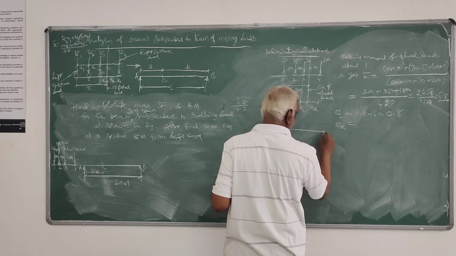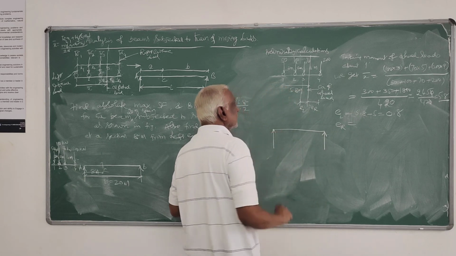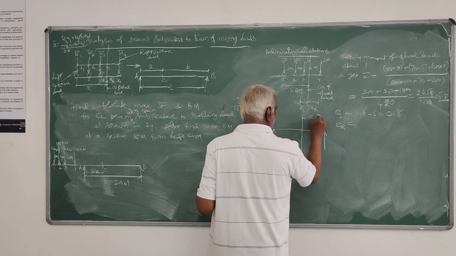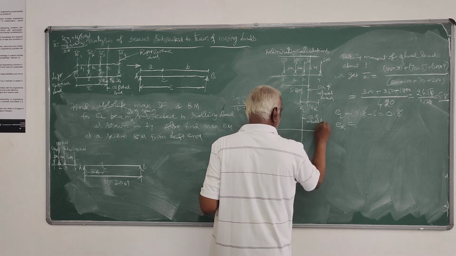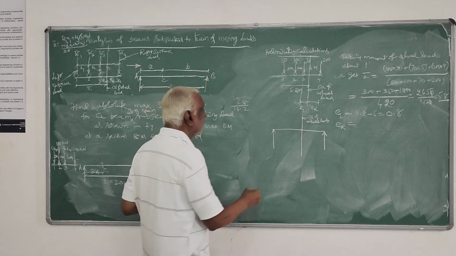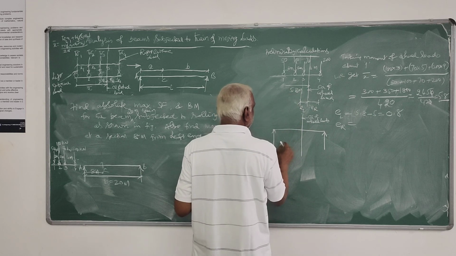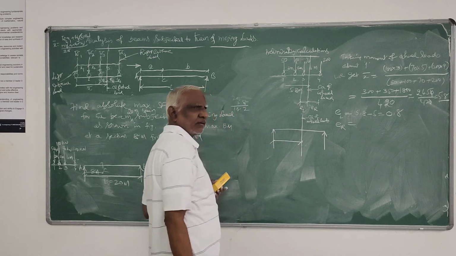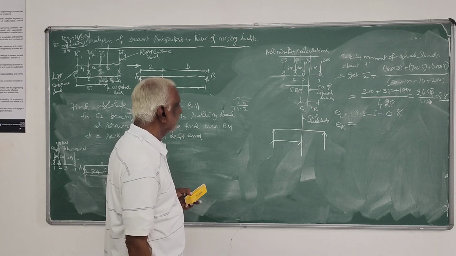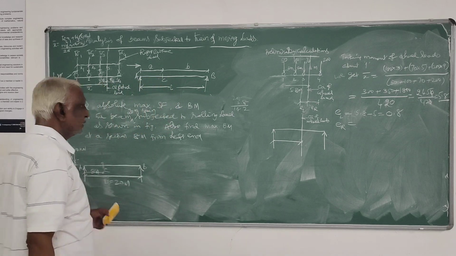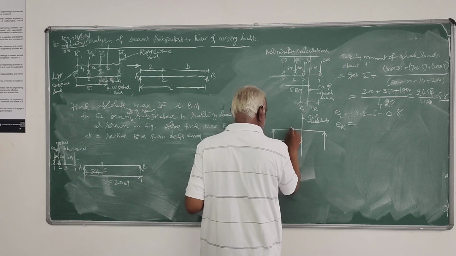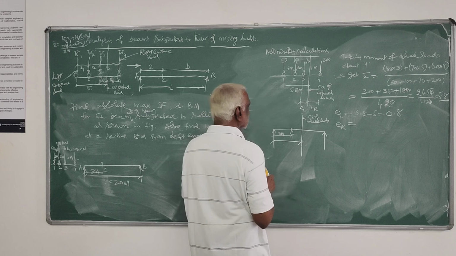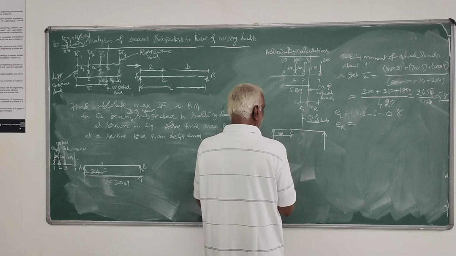So I will take it like this now. From here, the CG of the wheel loads is 5.8. Then from a section, we have 8 meters, so that we have to calculate actually.